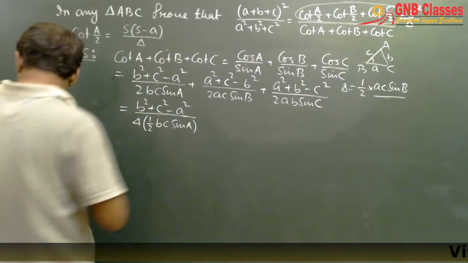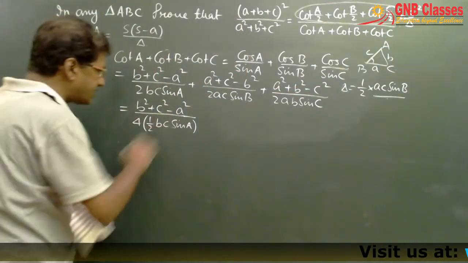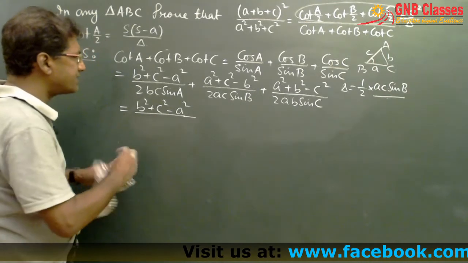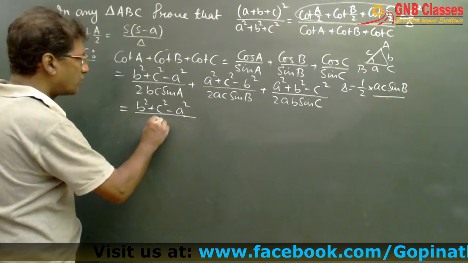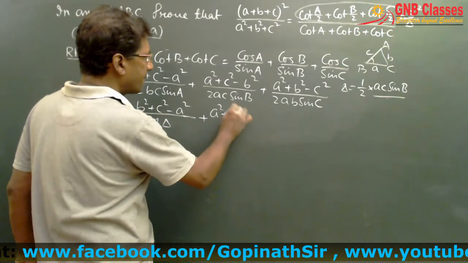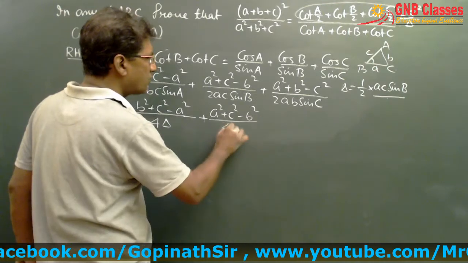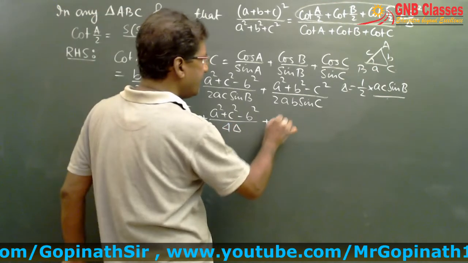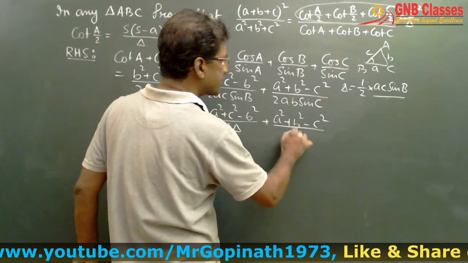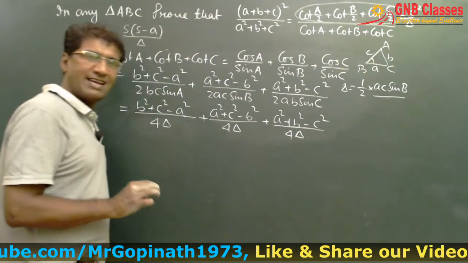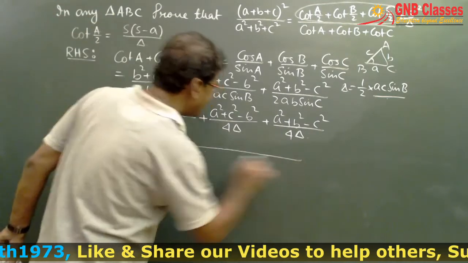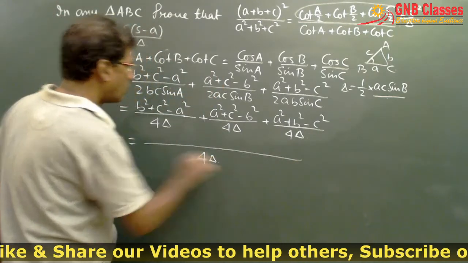So, I am not writing it out. I've just written this thing to make you understand. So, I'm directly writing it here. It is nothing but your 4 del. Similarly, this thing is also 4 del. Similarly, this thing is also your 4 del. Have you understood this? Is it clear to all of you? Absolutely. Now, if I take 4 del LCM, what are we going to get?